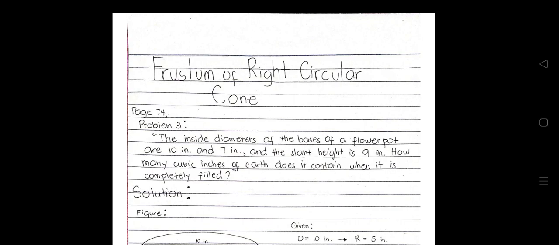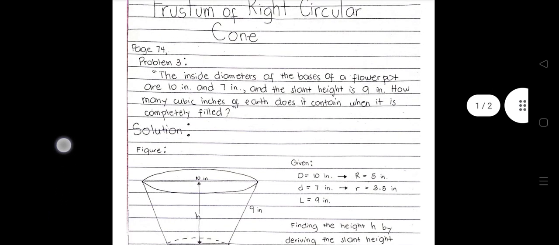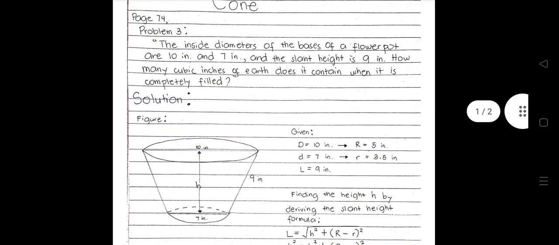So the first step, before we start to answer, is we need to understand the problem first. We need to identify what it is asking for. So I have a drawing here of the flower pot. The given is the diameters of the bases of the flower pot, 10 inches and 7 inches.